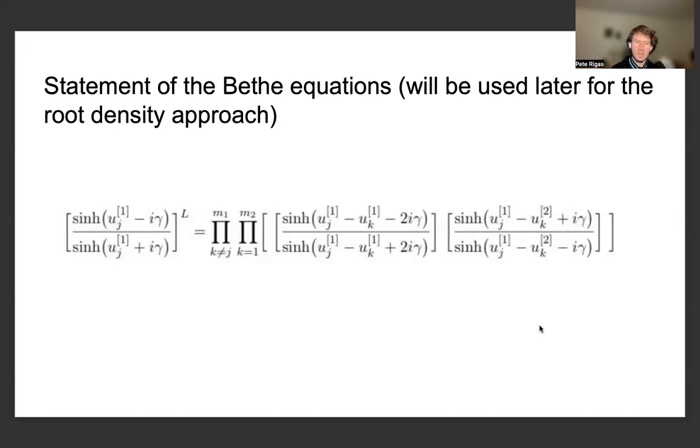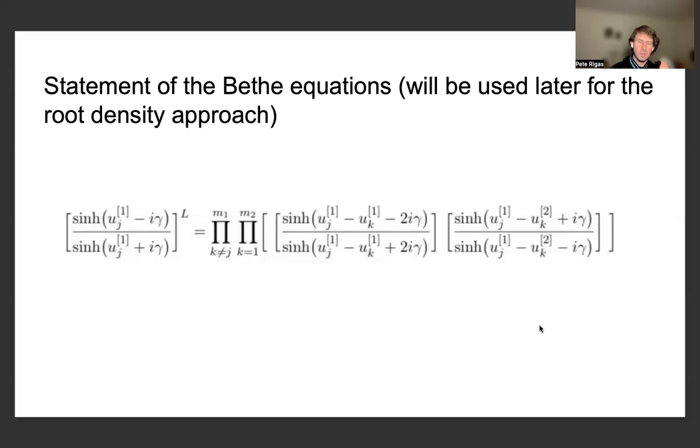For now, the left-hand side of the Bethe equations is characterized by a ratio of hyperbolic sines, raised to the length of the chain L. Within each hyperbolic sine function, the arguments are u1 of j minus i gamma, where i gamma is the anisotropy parameter, and in the denominator u1 of j plus i gamma.